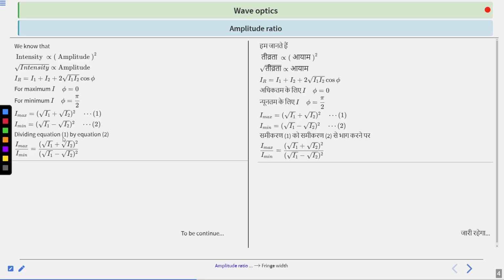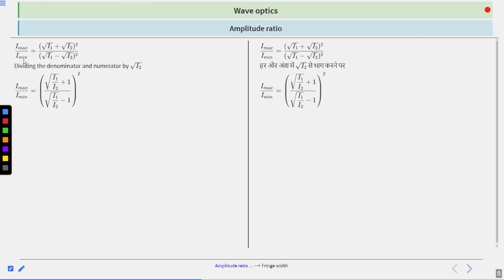Dividing equation 1 by equation 2, I max divided by I minimum is equal to root I1 plus root I2, whole square, divided by root I1 minus root I2, whole square.